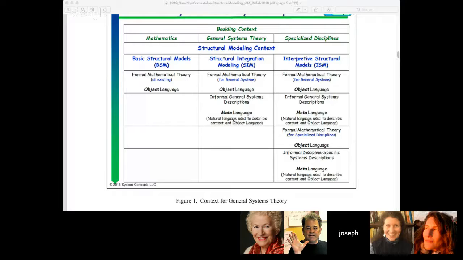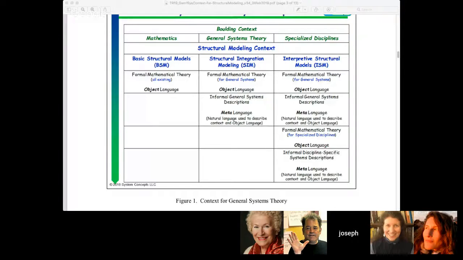Exactly. So these diagrams are starting to make it possible to map them together. Yeah, that's the hope.